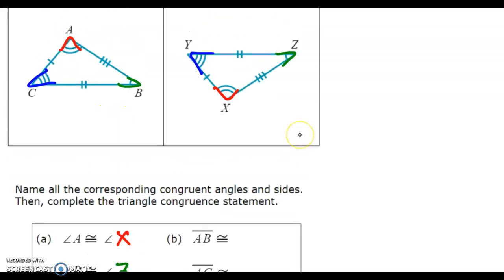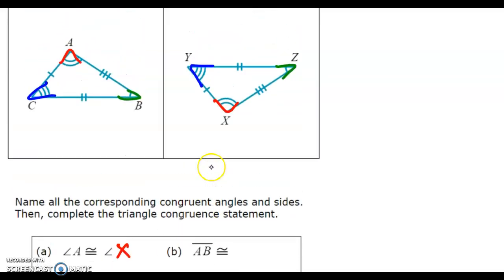So then you could get the information to answer part B just from the angles and how you walk through the order of the angles, but they're even giving us that information with the side lengths as well. So side AB right here, since it's got those three marks, is going to be congruent and corresponding to this side. Now, we do have to pay a little bit of attention to how it's named. AB, the A is first, so the corresponding angle with A, which is X, would have to be named first.